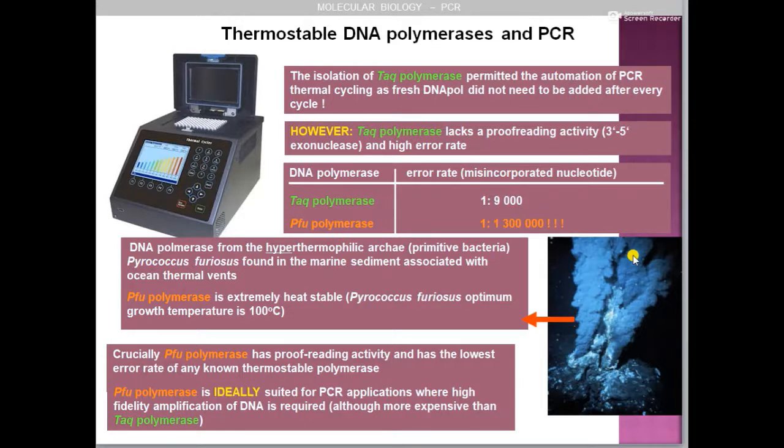Its error rate is very low compared to Taq polymerase, and Pfu polymerase has a proofreading activity and the lowest error rate of any known thermostable polymerase. So Pfu polymerase is ideally suited for PCR where high fidelity amplification of the DNA is required.